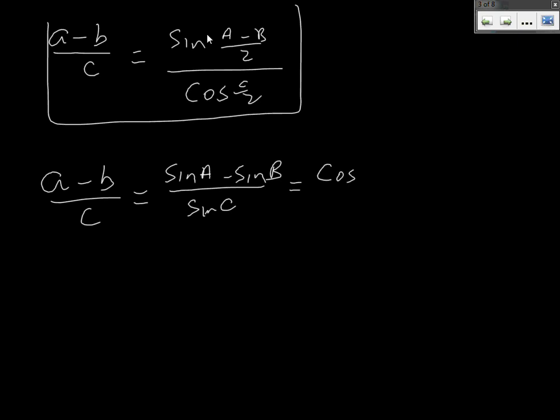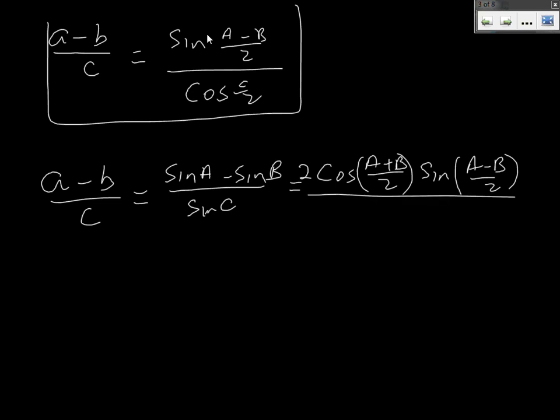It's 2 times the cosine of (a plus b) over 2 times the sine of (a minus b) over 2. Divided by, going to play the same trick.